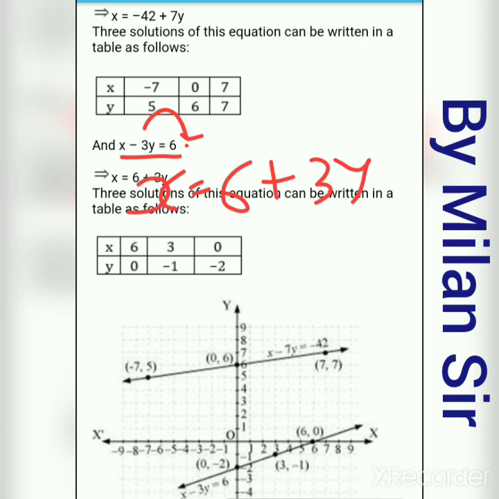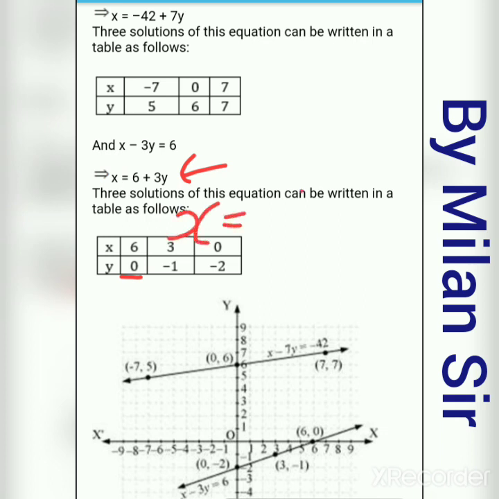So x is equal to 6 plus 3y. Now we need to put 3 values of y. So the first value is y is equal to 0. So put y is equal to 0 here. So x is equal to 6 plus 3 into 0. Right? So 6 plus 3 into 0 is 6.